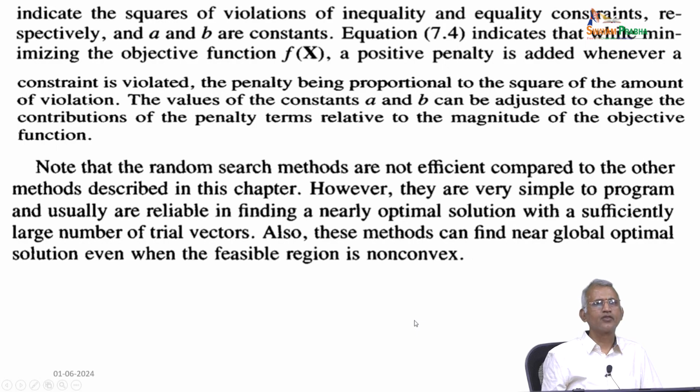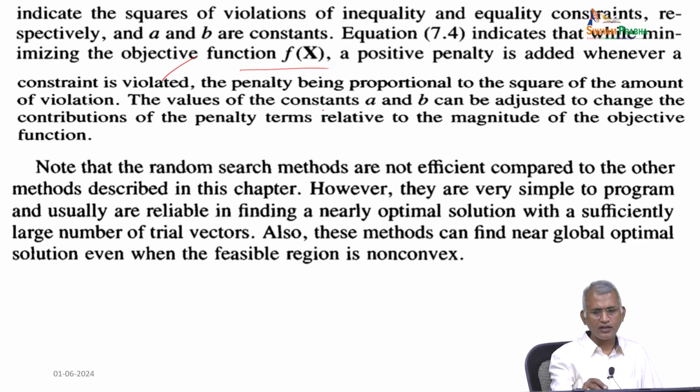This indicates the square of the violation of the inequality and equality constraints respectively, a and b are constants, and equation 7.4 indicates that while minimizing the objective function f of x, a positive penalty is added whenever a constraint is violated, the penalty being proportional to the square of the amount of the violation.